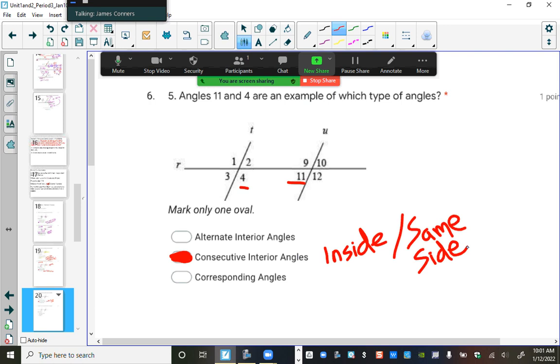And does anybody remember, if I have consecutive interiors, what would be the sum of these two angles? 180. Bingo. They add up to 180. Well, in most of these cases, they will, unless I tell you otherwise. The reason being, since these are parallel lines, they will add up to 180.